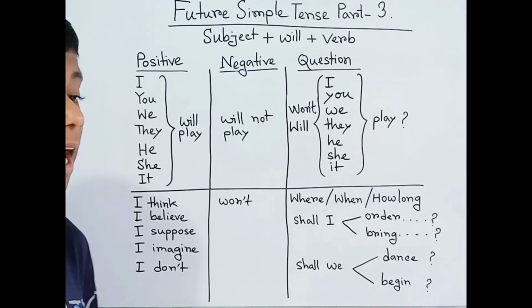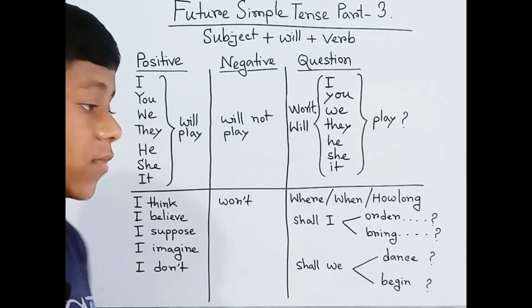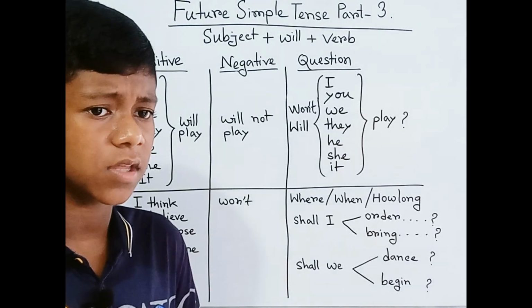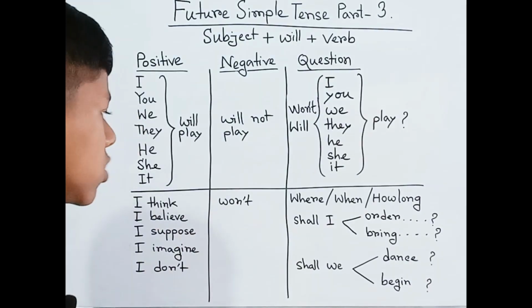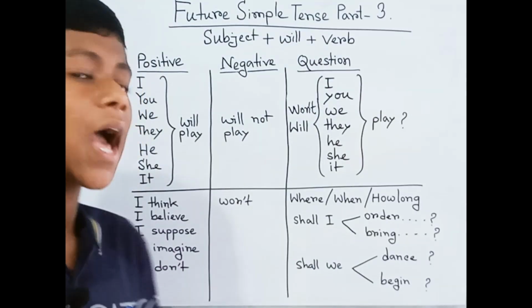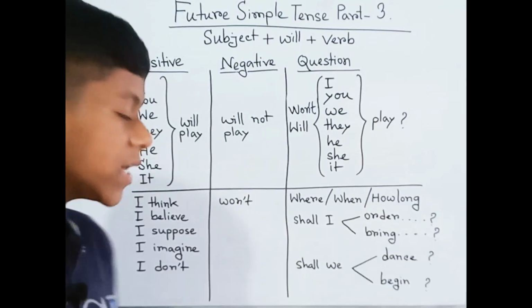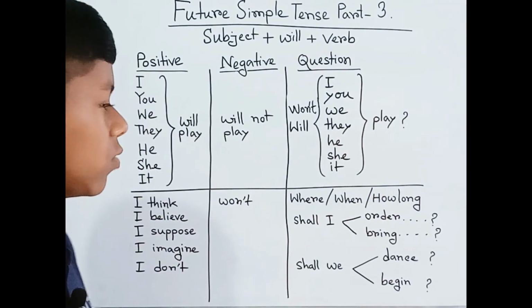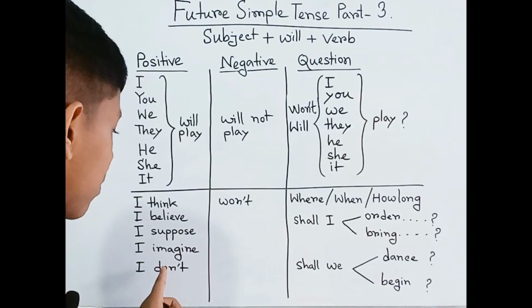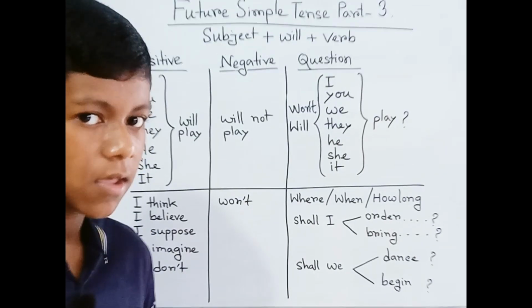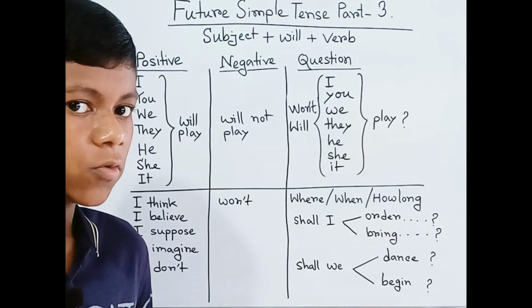But can we use the expression? Of course you can use it. But do we have to follow this? No, you don't have to follow this. I have just written this to make you all understand. We can also say I don't think he will play, or I can add the verb: I don't know he will play, which reflects something.